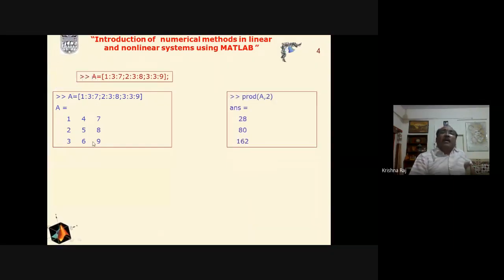And if we write product A, comma 2, that is, the 2-dimensional product has to be achieved. In that case, as we have discussed in the previous slide, we will get a column matrix. That is, all the row elements will be multiplied. 7, 1, 4, 7, that is 28. 2, 5, 8, that is 80. 3, 6, 9, that is 162.